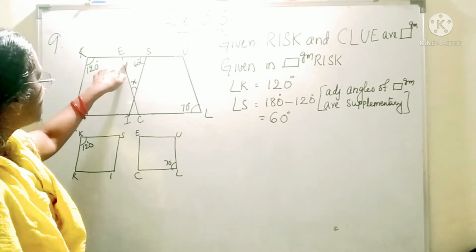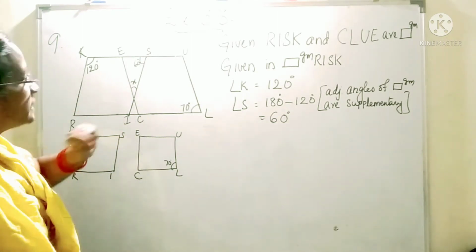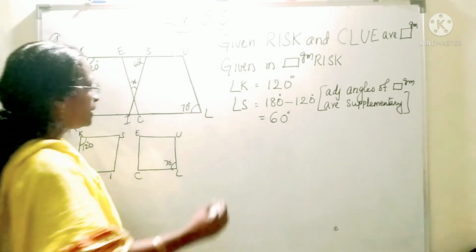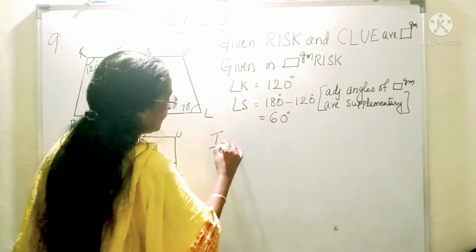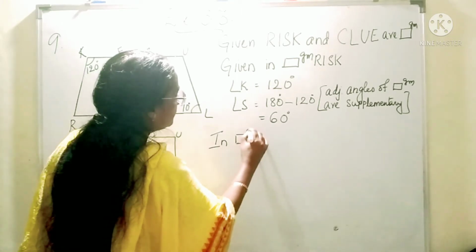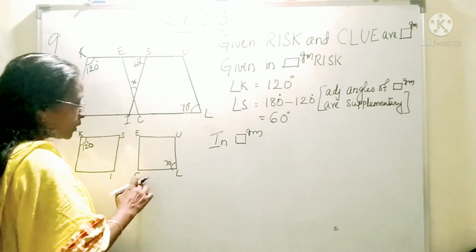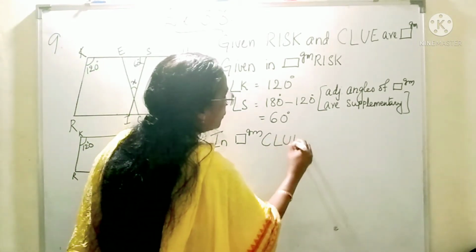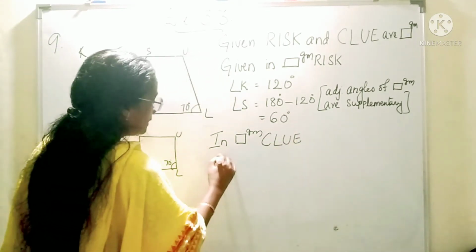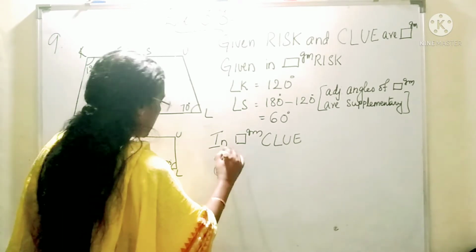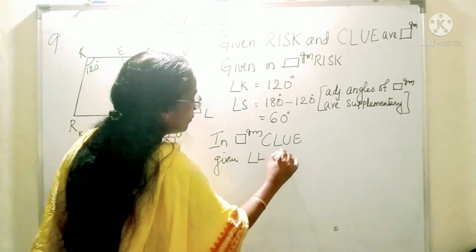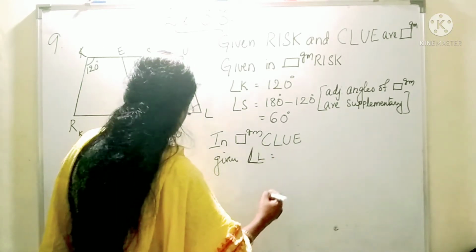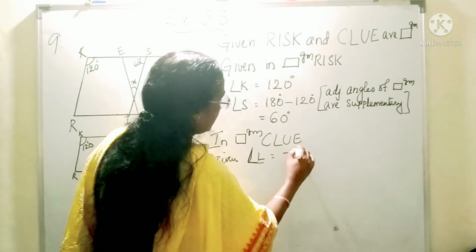Now if you know this angle, you will be able to find out x. So how will you find out E? See the figure. In parallelogram, what is the name? CLUE. What is given? Angle L is equal to 70 degrees.